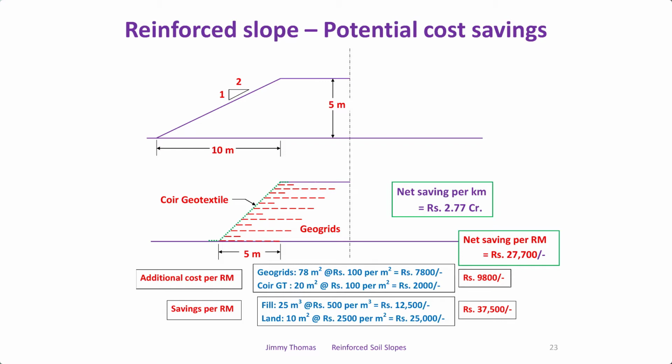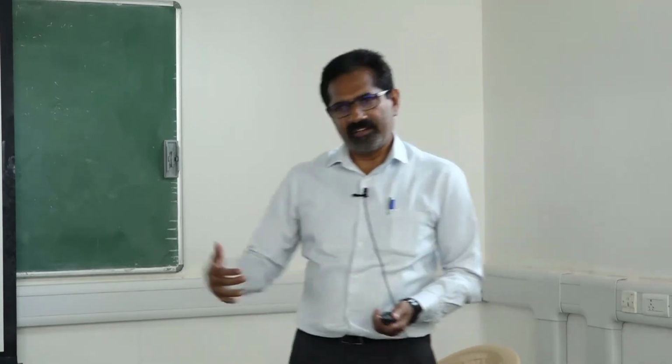Geogrid is available, with at least 4 manufacturers manufacturing here, and different types of materials are available. Availability is good. The price is even 100 rupees; I have taken it slightly on the higher side, and we can even get lower than that. Whereas soil becomes more and more difficult.